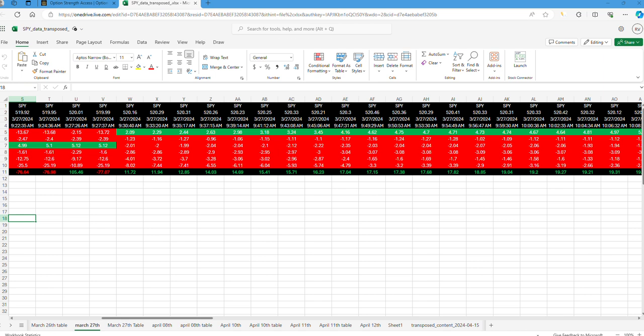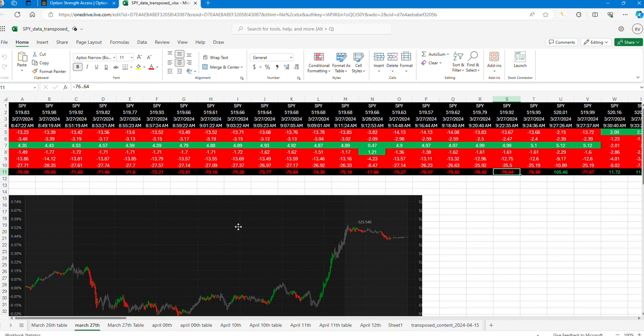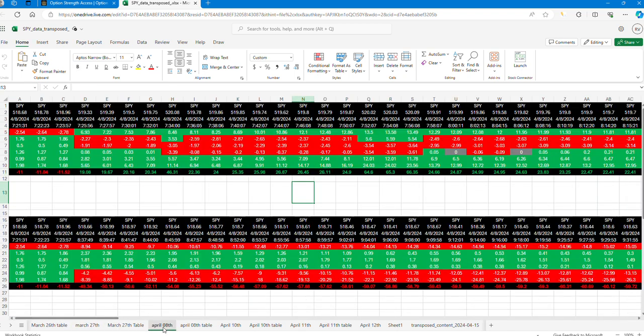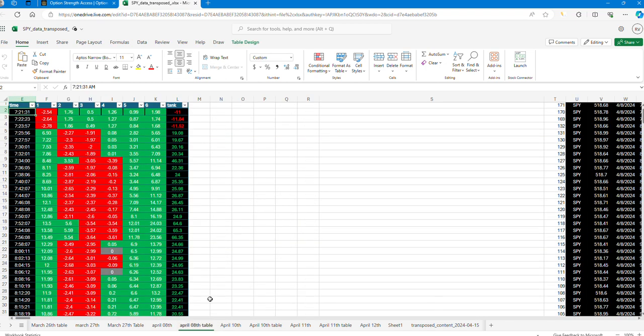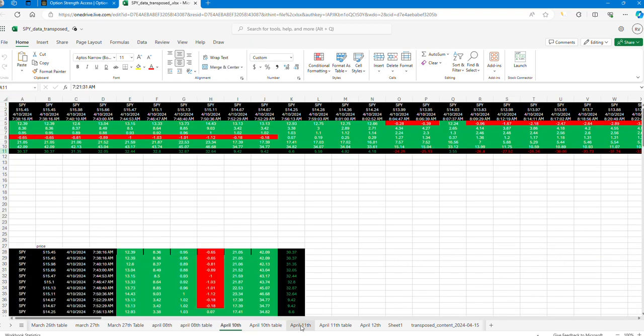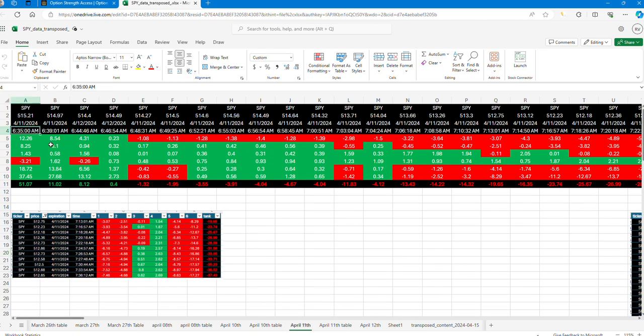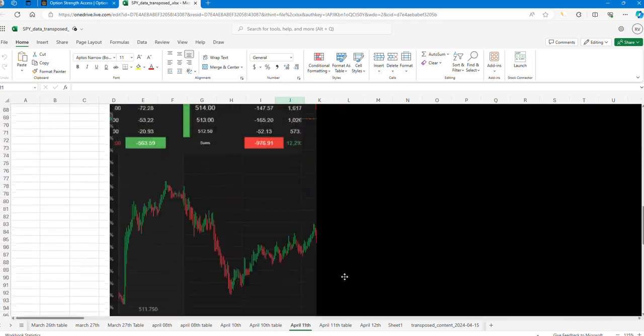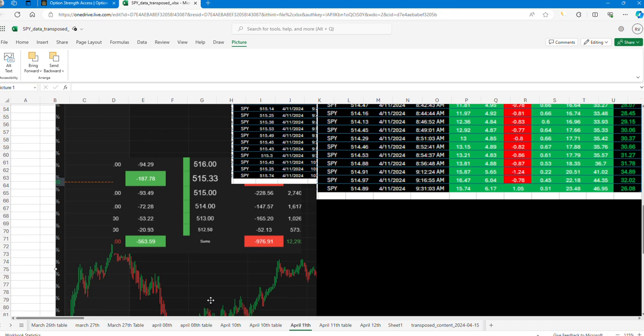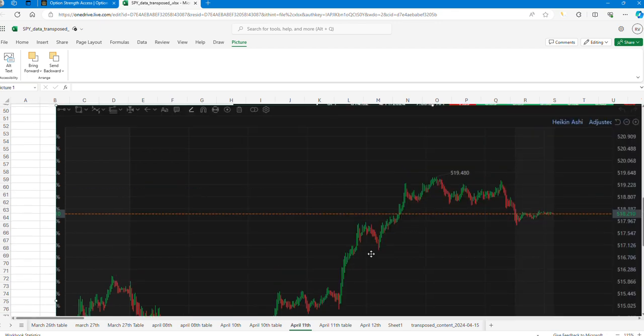Let's look at the chart and see what happened on March 27. Right here, 8:47 was when I first started recording. Let me find one where I first started recording really early. I know I have one here somewhere. Perfect. 6:35. So we have, this is the chart. Let me bring it to front.